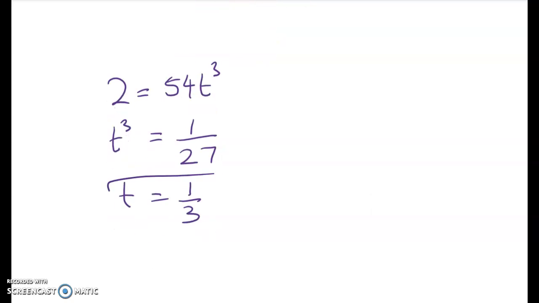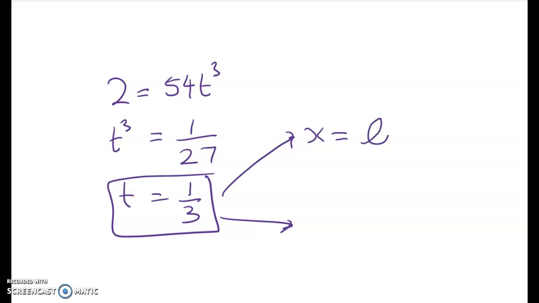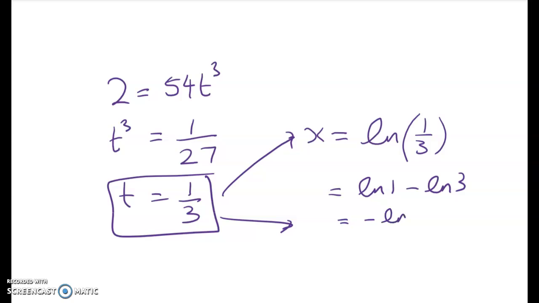So we take this, and from there we get x is equal to the log of t, log of 1/3, which I'm going to rewrite as negative log 3.